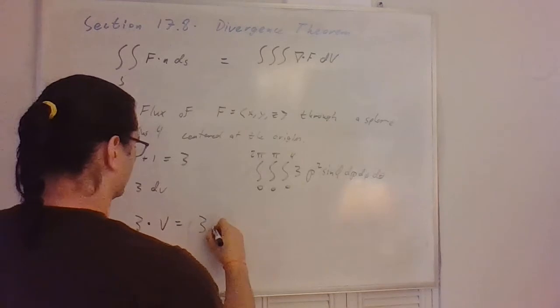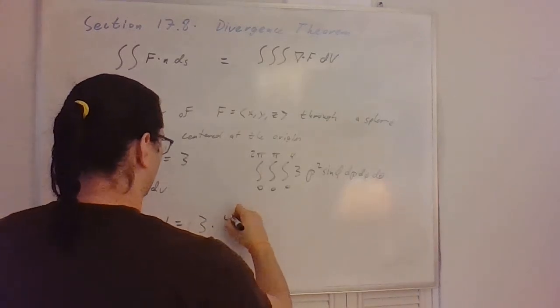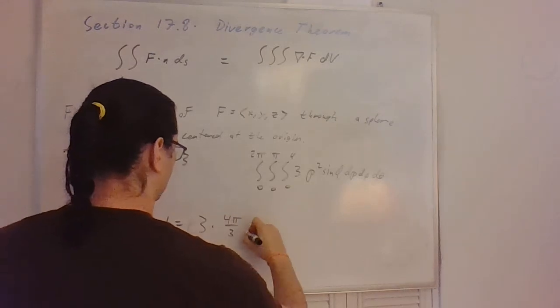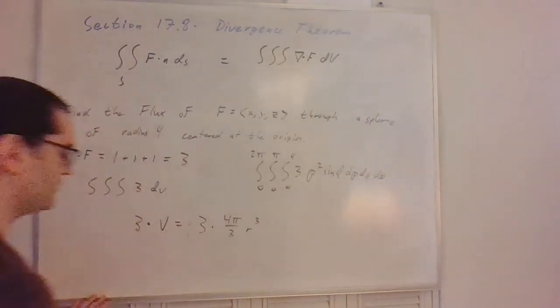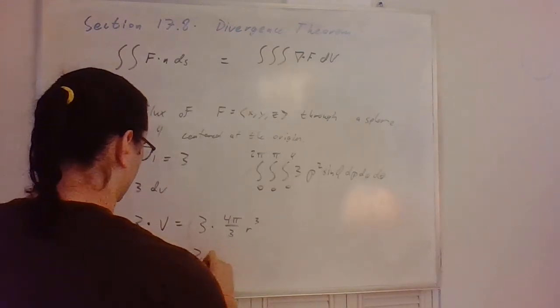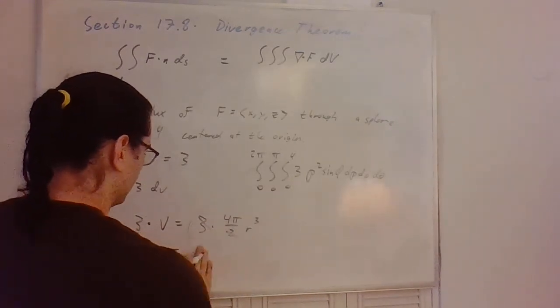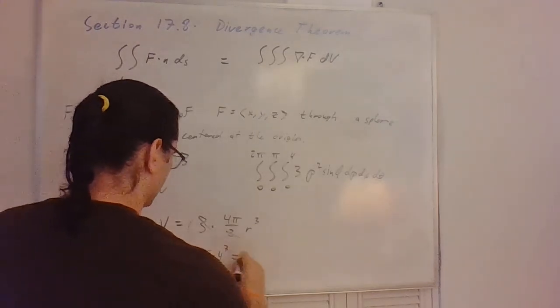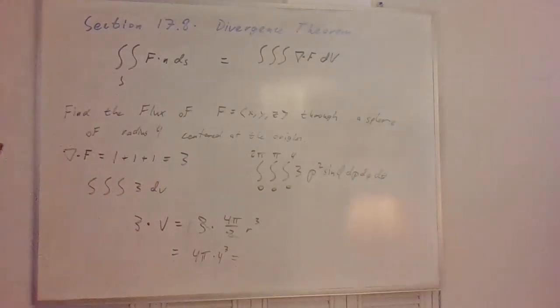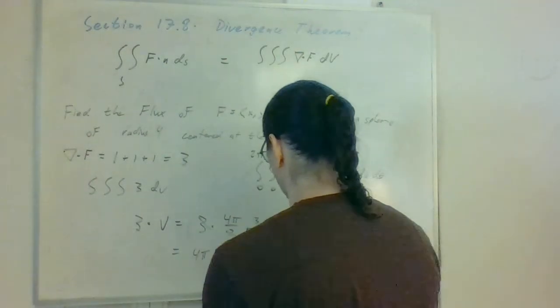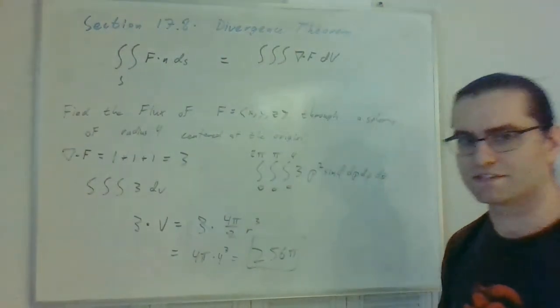The volume of a sphere is 4/3 pi r cubed, and r is 4, so these 3's cancel. So 4 pi times 4 cubed is 4 to the 4th, 256 pi. And that's it. We're done.